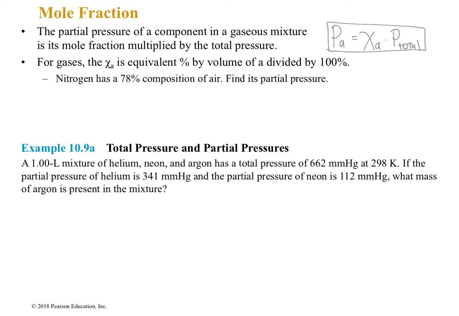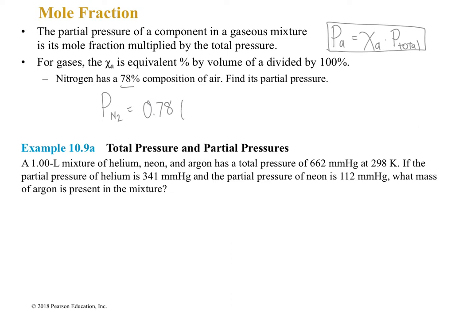So I know that nitrogen is 78% of the air that we breathe, so let's find its partial pressure. So I'll find the pressure of nitrogen is equal to the mole fraction, so that will be 0.78. I'll take that percent and divide by 100, times the pressure of air.